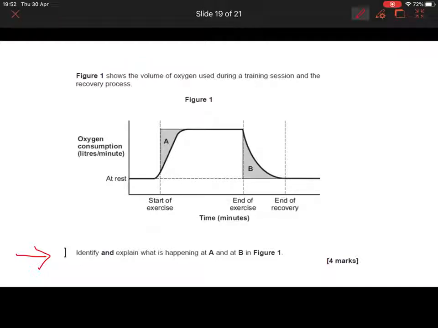Before you answer it, I'll give you some hints. You will get a mark for saying what A is called, a mark for saying what B is called, and the other 2 marks on offer are for explaining what's happening at A and B. So write out the question at the bottom, have a go at answering, and pause the video now.